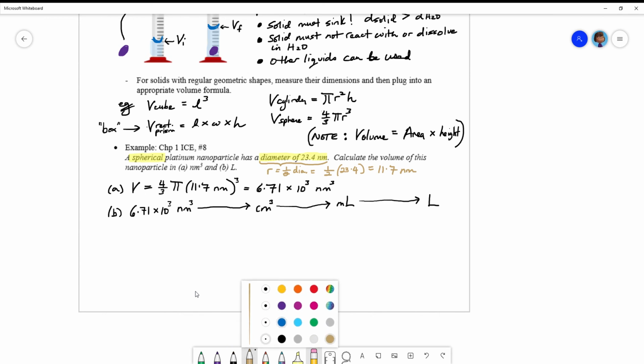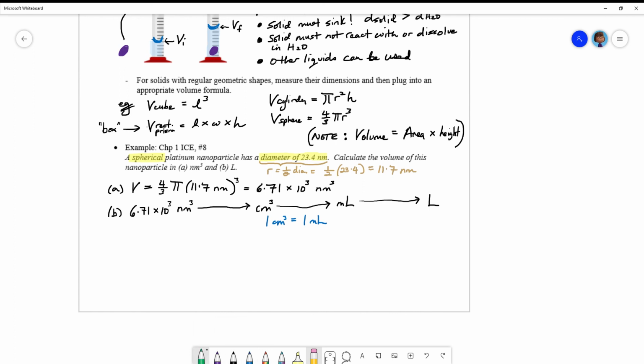Well, let's start with the easiest one, cubic centimeters to milliliters, where we know that 1 cubic centimeter is exactly the same as 1 milliliter. So there's the conversion relationship we need. We can also take an easy look and get the conversion relationship for the last step, milliliters to liters. We know that 1 big unit equals many little units, and liters definitely are the big unit.